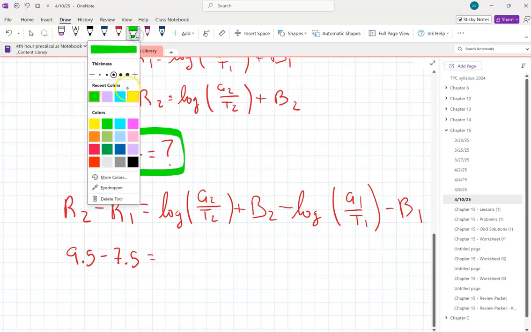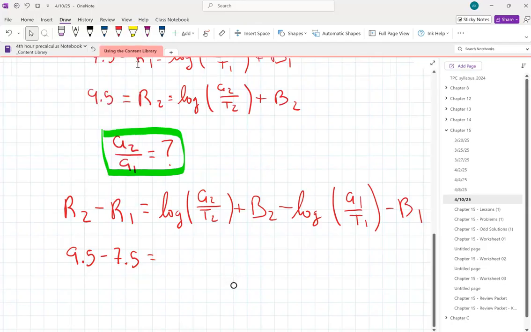So let's think about B1 and B2. That's a correction factor based on how far away the instrument that we're using to measure this is, right? But if I'm reporting a magnitude of 9.5, that means that the correction factor is already applied to get to the 9.5, right?